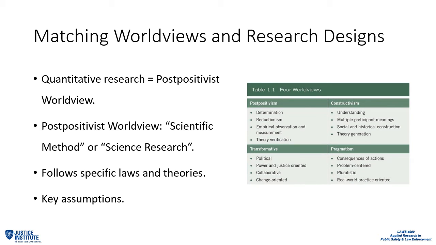When dealing with different worldviews in research, quantitative research follows the post-positivist worldview. This is due to this worldview being seen as the scientific method, or the way of doing science research, which is considered more traditional. Additionally, the post-positivist worldview follows specific laws and theories that govern the world, and these theories need to be tested, verified, and refined so that we as humans can understand the world better.